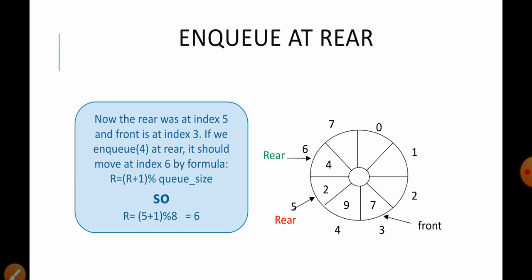So rear was at index 5, 5 plus 1 mod 8 is equal to 6. So the new value, which is 4, is enqueued at index 6, and we move the rear to the next index, which is 6. After moving, the rear points to index 6 of the double-ended queue.